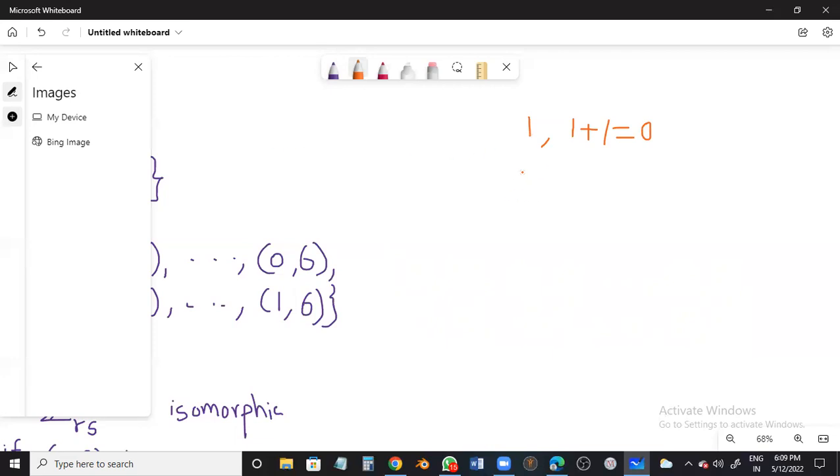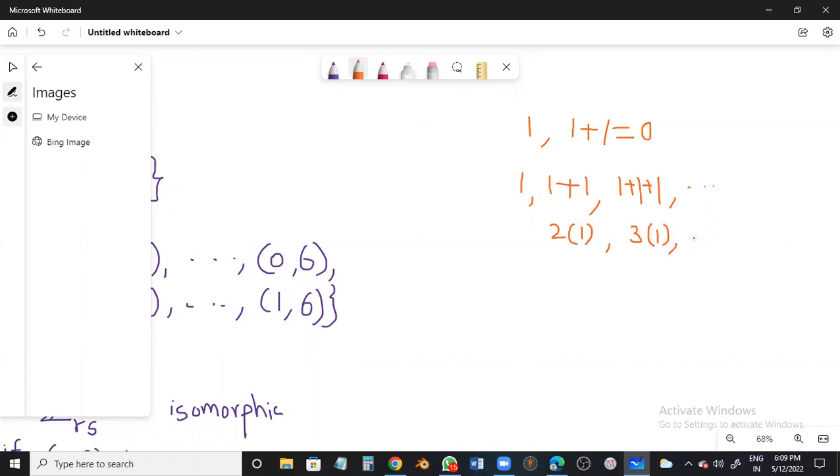Talking of Z7, 1 can be written as 1, 2 can be written as 1 plus 1, 3 can be written as 1 plus 1 plus 1, thrice 1, and so on. So instead of writing in the fashion of plus, can I write it as twice of 1? Can I write it as thrice of 1?